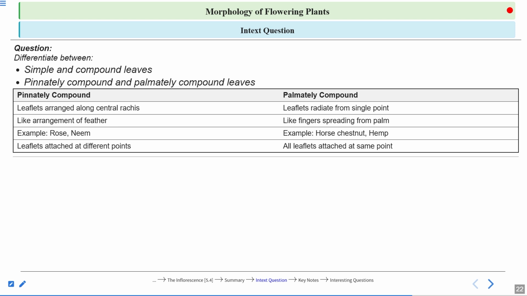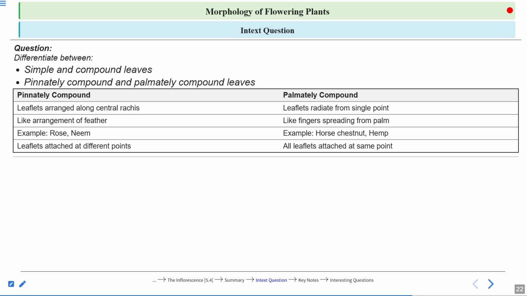Now, about pinnately compound leaves, these are feather-like. When you look at a pinnately compound leaf, it is feather-like because it has multiple leaflets all along the rachis. And palmately compound, they are like fingers spreading from the palm.